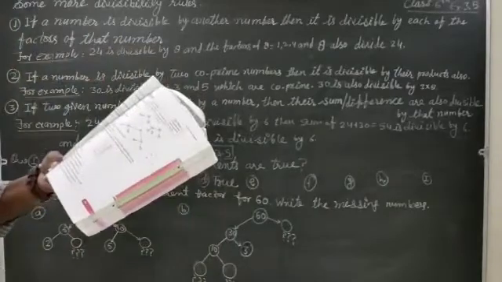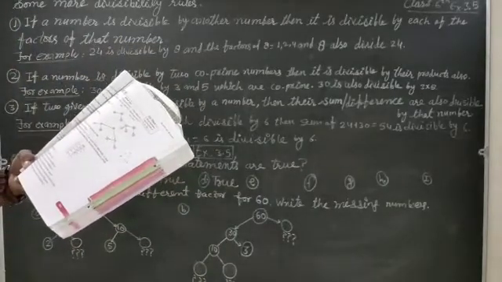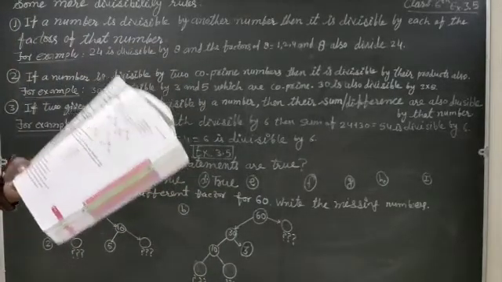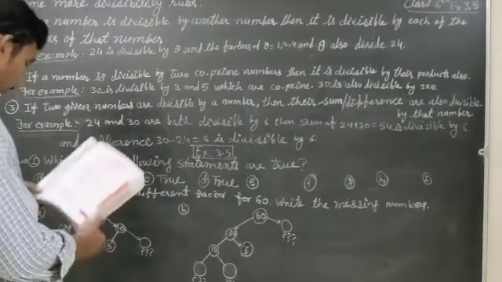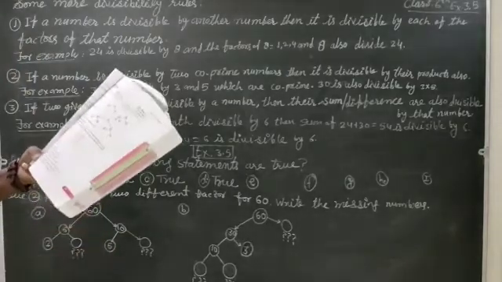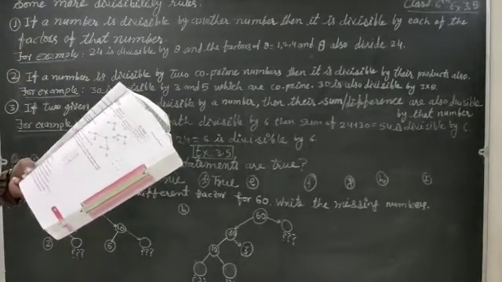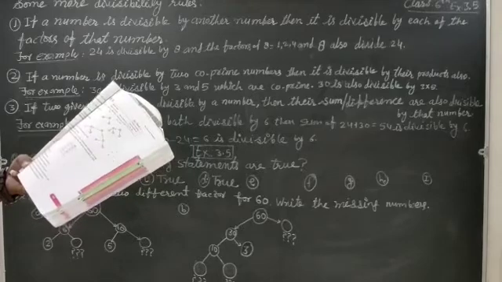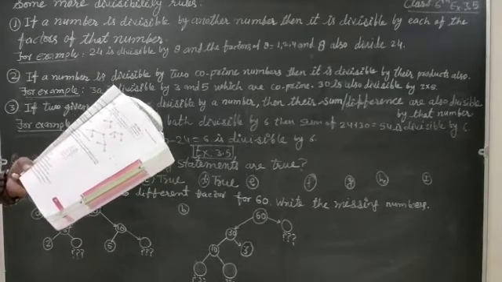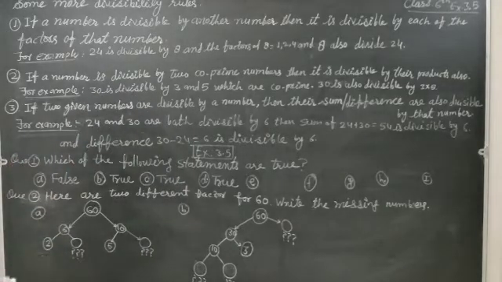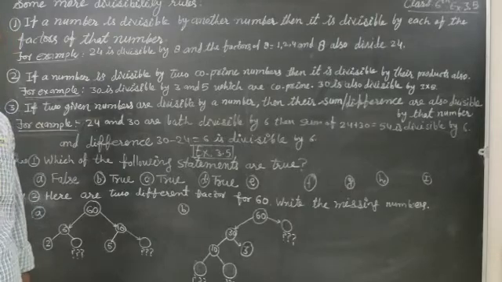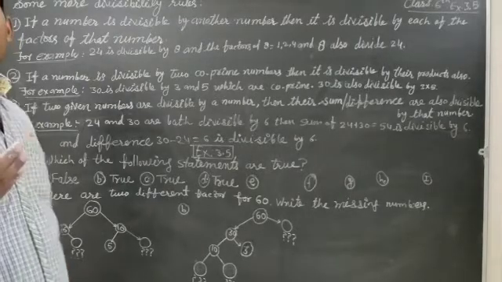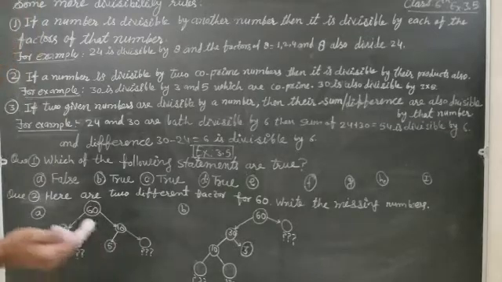Statement E. If two numbers are co-prime numbers, at least one of them must be prime. It is not compulsory. For example, 20 is the product of 4 and 5, and 4 and 5 are co-prime numbers.